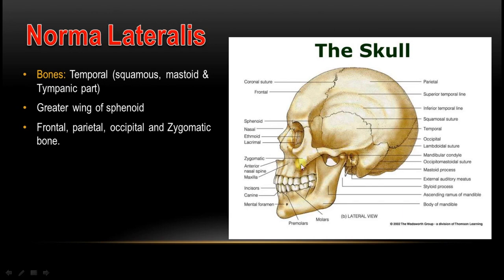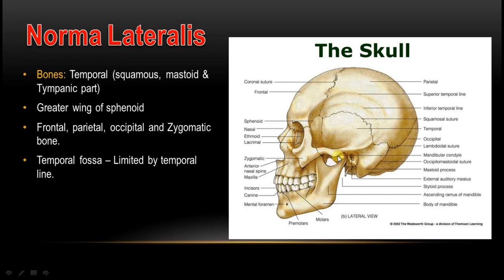So that is the body of the zygomatic bone, which has got a frontal process. Okay. Then you are able to see this is the temporal process of zygomatic bone. The temporal process of zygomatic bone articulates with the zygomatic process of the temporal bone. Both the processes unite to form the zygomatic arch.